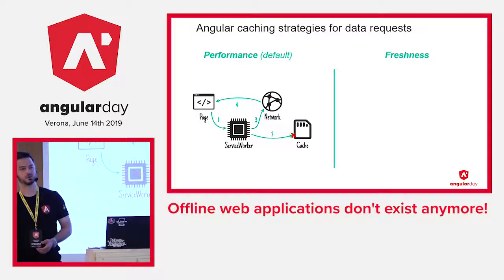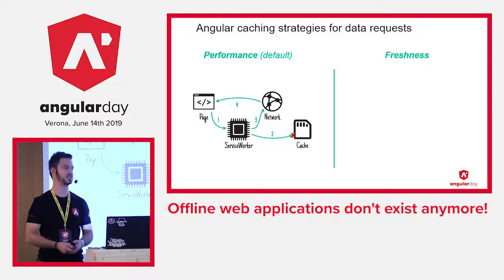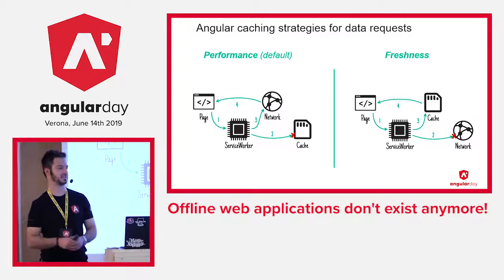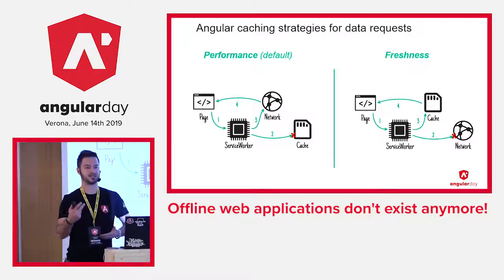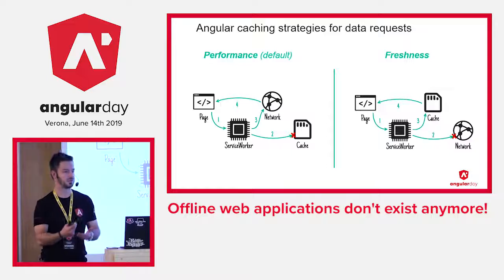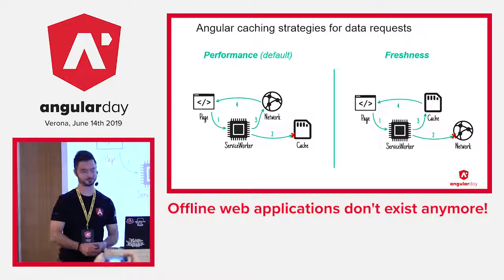On the other side, we also have the freshness caching strategy. As the name suggests, we go first to the network. We want to provide the latest data. We can think about maybe an application that provides stock exchange rates, so we really want the latest values available.